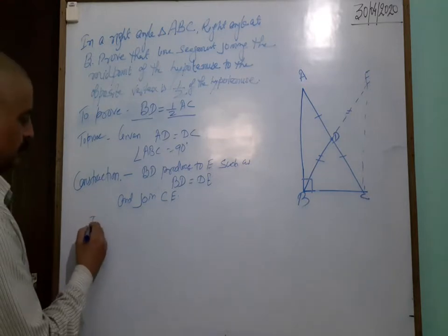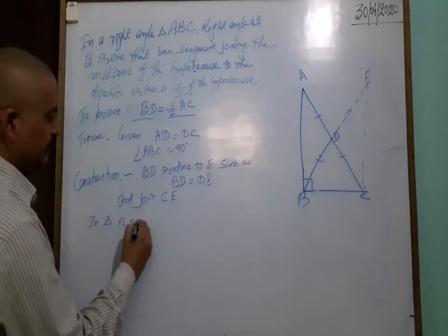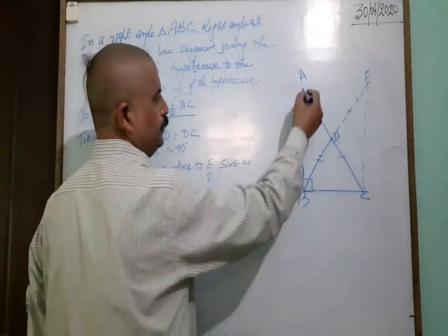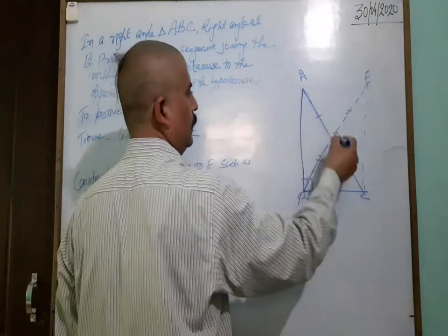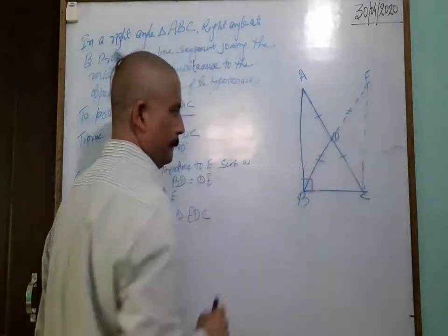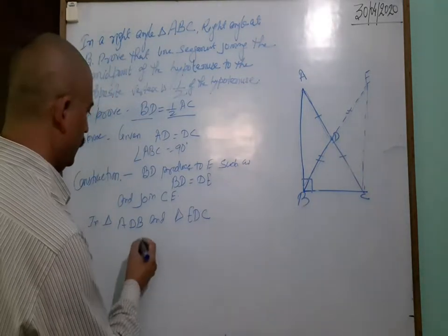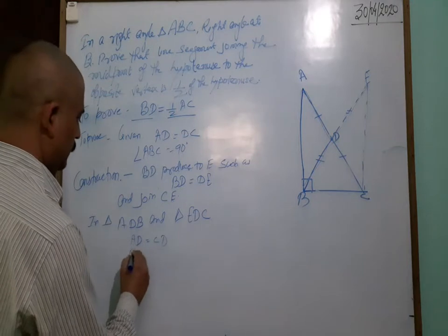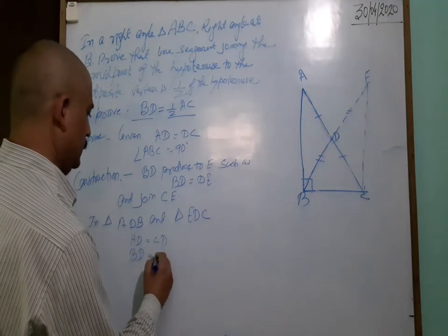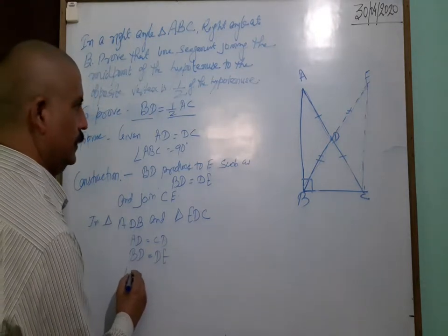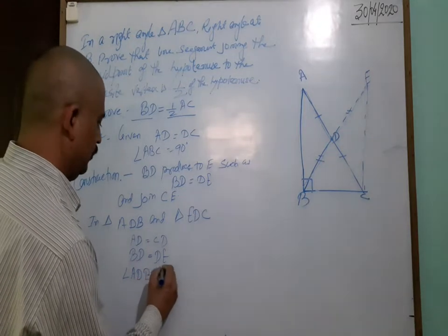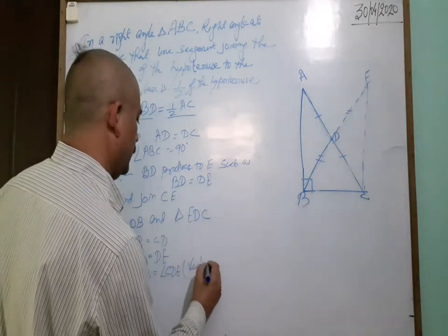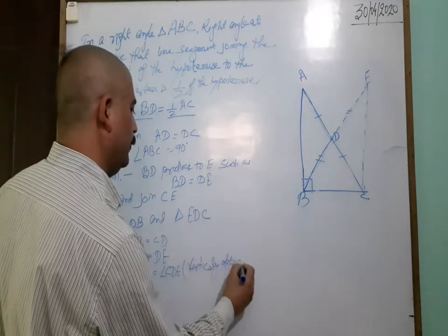So in triangle ADB and triangle EDC, AD equals CD, BD equals DE, angle ADB equals angle CDE, vertically opposite angles.